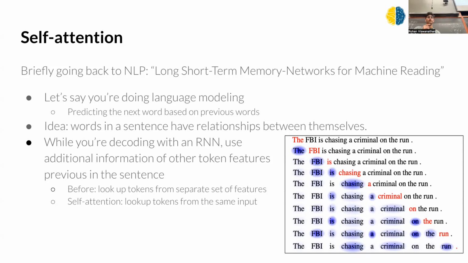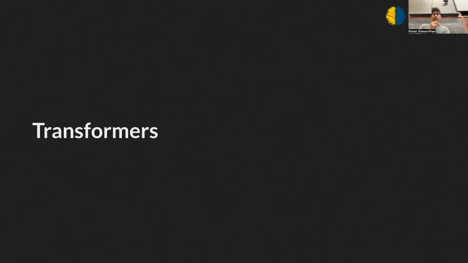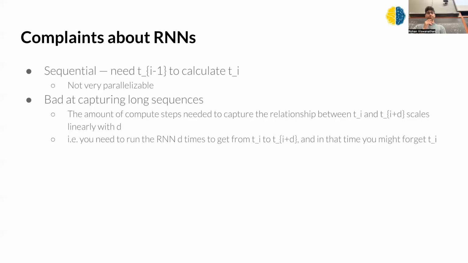When we're decoding with an RNN, we use additional information of other token features that we've previously seen in the sentence. But this also leads to its own set of issues, right? In comes the transformer. And this is a way that we can use self-attention and something called multi-head self-attention to come up with mechanisms to attend to different parts of our sequence.